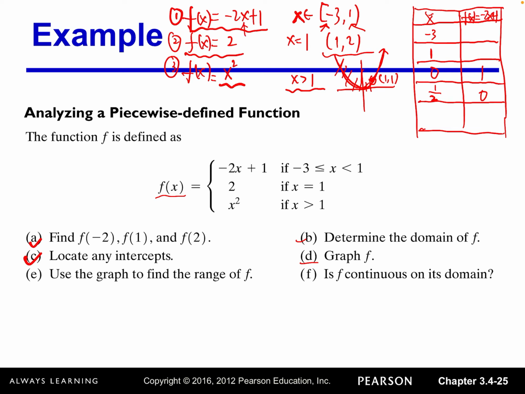Negative 2 times negative 3 equals positive 6, positive 6 plus 1 is positive 7. When x equals positive 1, negative 2 times positive 1 is negative 2, plus 1 is negative 1.